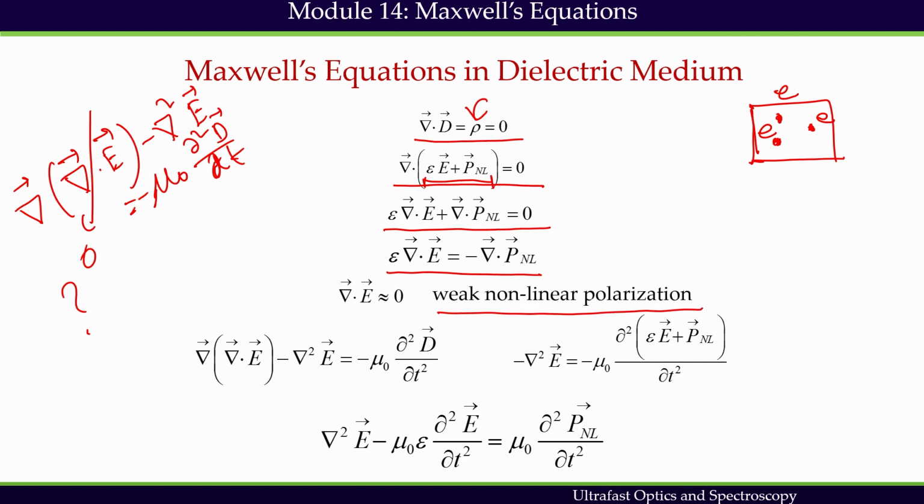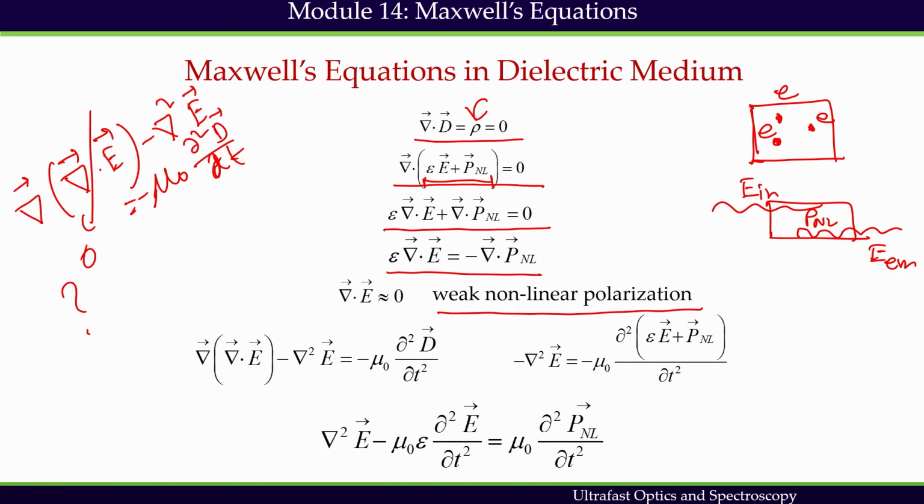We are considering that I have a medium, and the input beam propagating through the medium creates this nonlinear polarization. This nonlinear polarization is very weak, and however this weak nonlinear polarization can create another field which is called the emitted field.